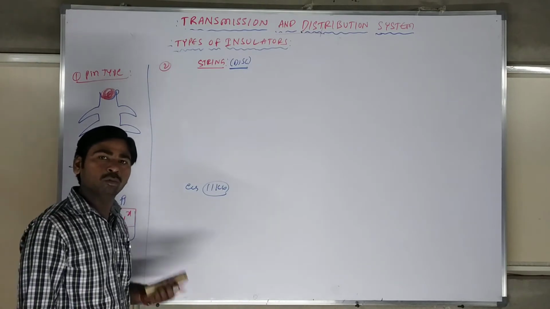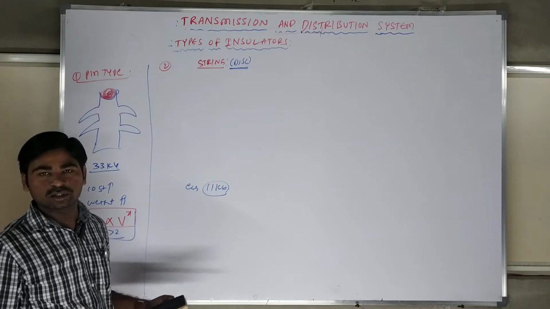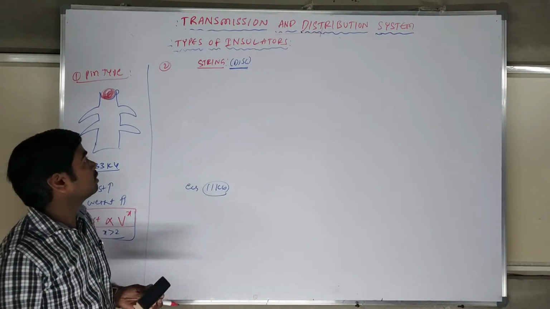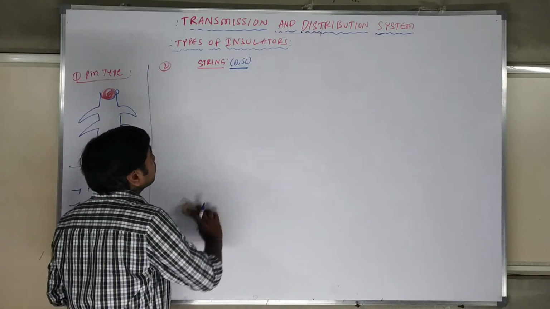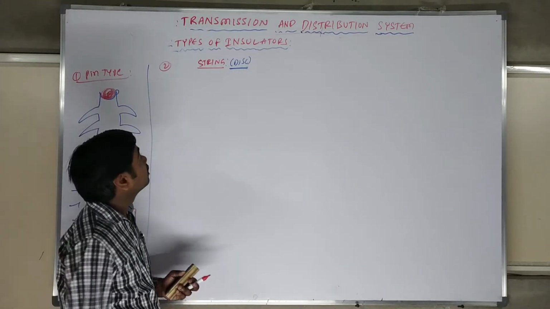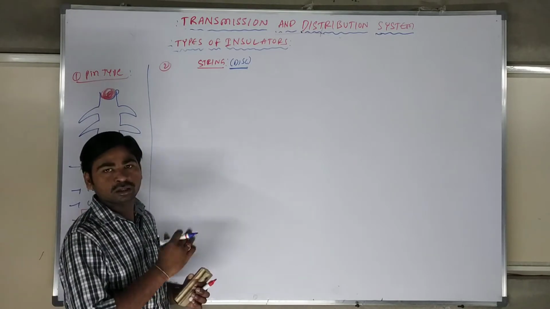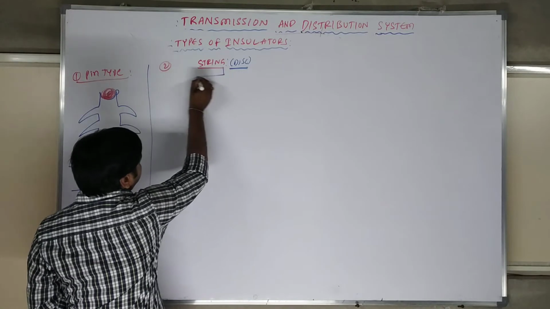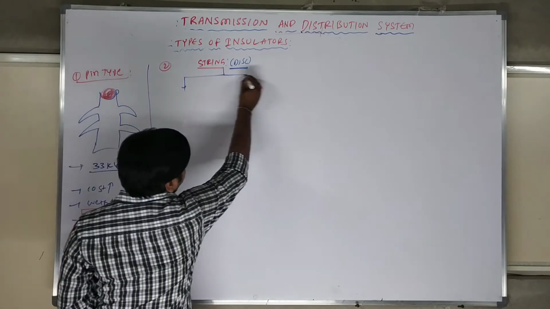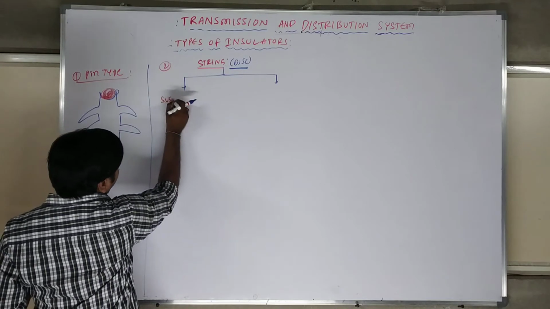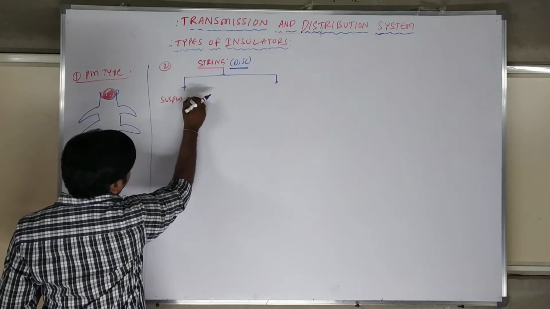Therefore you can use more voltage, 132 kV, 66 kV, 220, 400, whatever voltage you want. In the string type insulator, a number of discs are connected in this fashion. Depending upon how the strings are connected, string insulators are classified into 2 types, which are suspension type insulators and strain type.